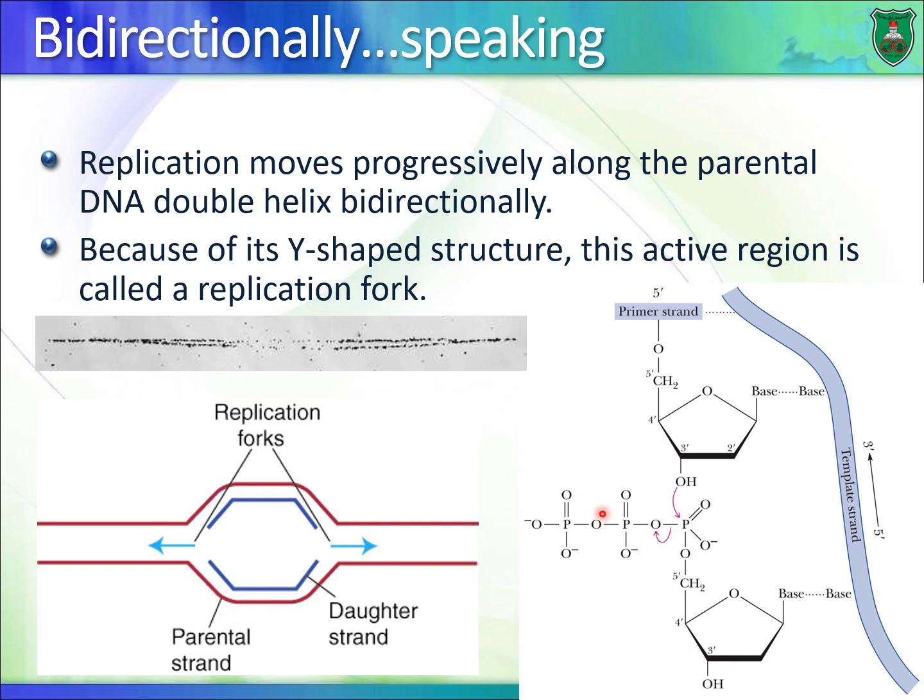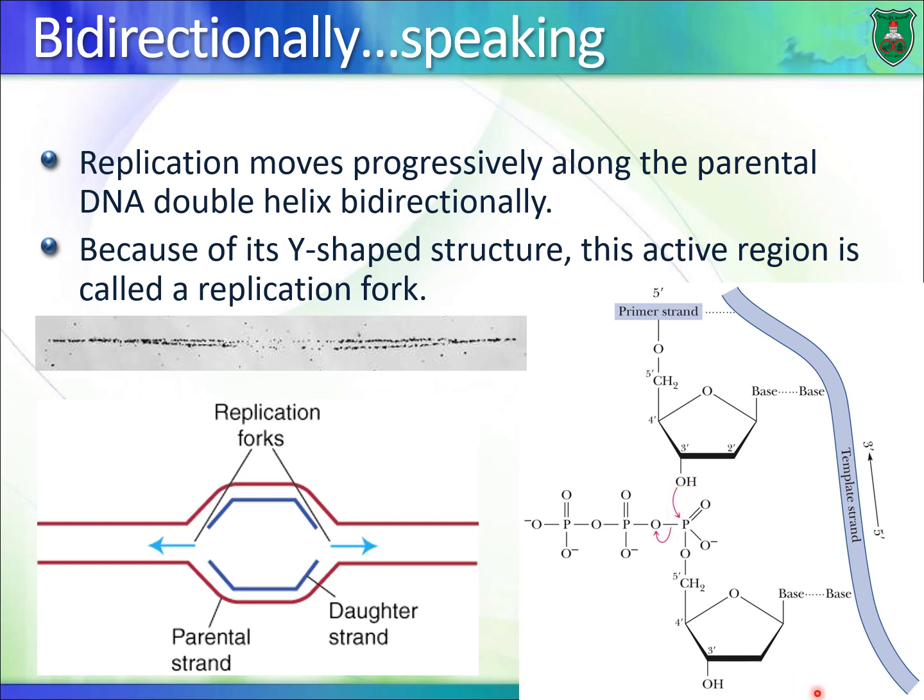Now, the thing is, when DNA is replicated, DNA synthesis always goes from the 5' end to the 3' end. Right here you have the first nucleotide, and the incoming new nucleotide is added to the 3' end of the existing nucleotide.